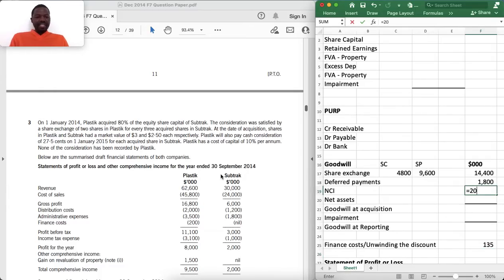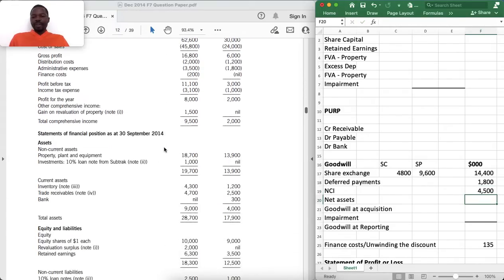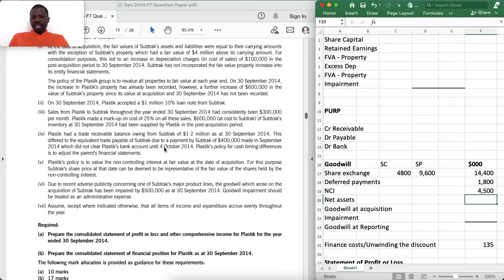The NCI is 20% multiplied by 9,000 multiplied by the share price of the subsidiary, 2.50. While multiplying by 2.50, there is a note that allows us to multiply by this. That is saying Subtract's share price at the date of acquisition can be deemed to be representative of the fair value of the shares held by the non-controlling interest.